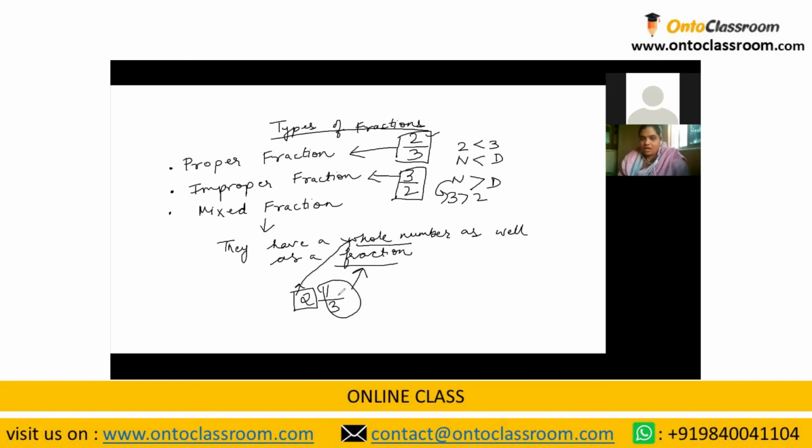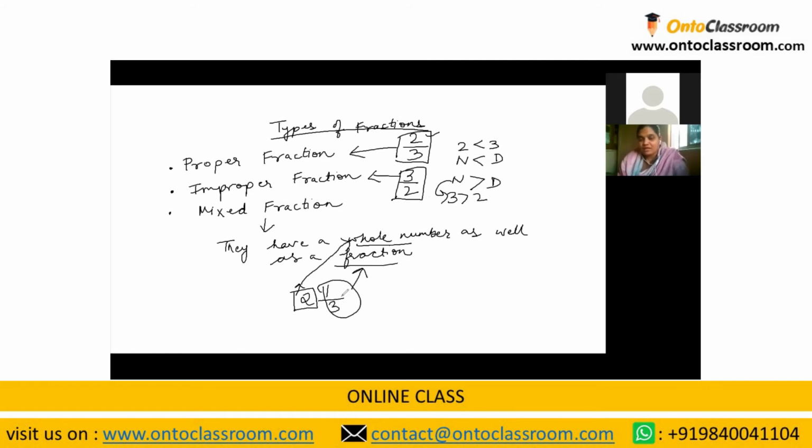So let us recall, proper fractions are fractions where the numerator is smaller than the denominator. And improper fractions are fractions where the numerator is greater than the denominator. And mixed fractions are fractions where we have a whole number as well as a fraction.